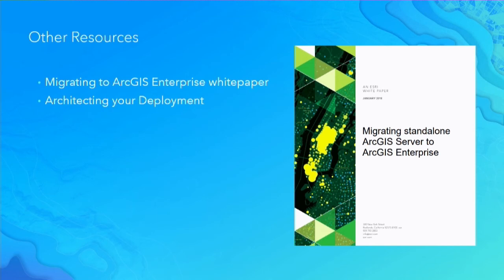And then also Architecting Your Deployment, which came out at last year's UC, but I definitely recommend that slide documentation to plan and scale and look at different capacities and how you would want that to work. If you are interested in some of those server roles, there's a lot of good tips and tricks in there for GeoAnalytics and Image Server and GeoEvent.